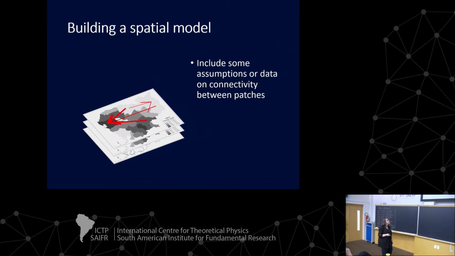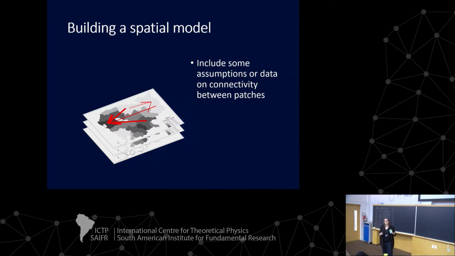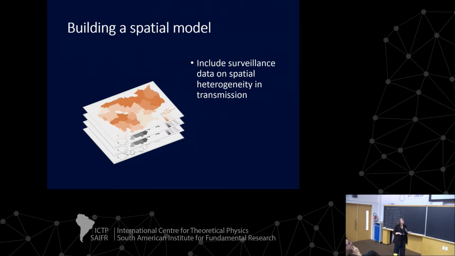For us, we didn't have the data on flights or travel or population movement, so we just assumed essentially a gravity model. The nearer the patches are, the more likely they are to be connected. The higher the population in a particular patch, the more likely it is to be connected with all the other patches.